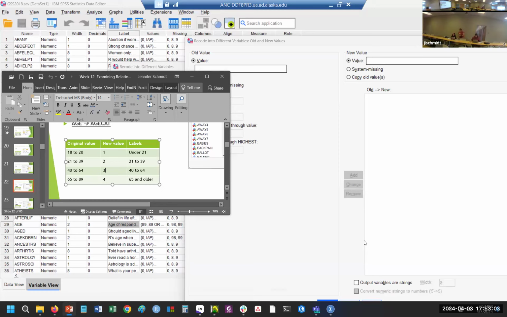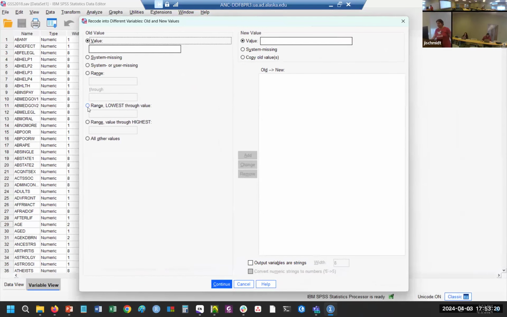The stage I'm missing is the new value labels. I actually don't see where to put those in. So we come over here and, Claudia, can you tell me what it did? It was range 18 to 20? You click the one above it.